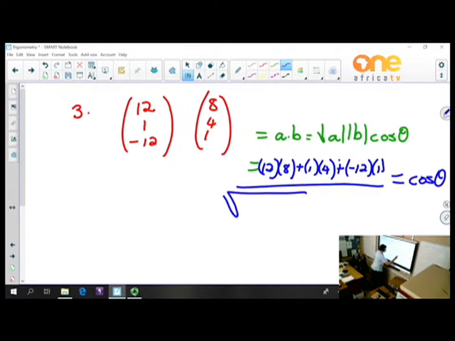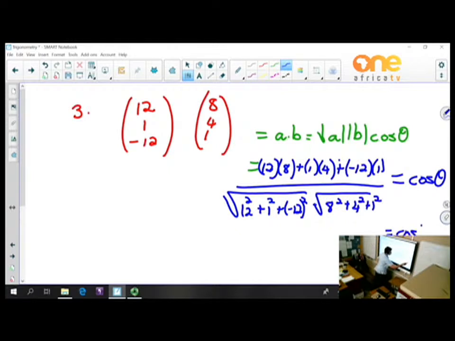Now Pythagoras is going to be all 3. So it is 12 squared plus 1 squared plus negative 12 squared. This is not 0 here. And then the second one, you multiply, is 8 squared plus 4 squared plus 1 squared. So cosine theta, it's always good to put that step in between so that we don't make mistakes.